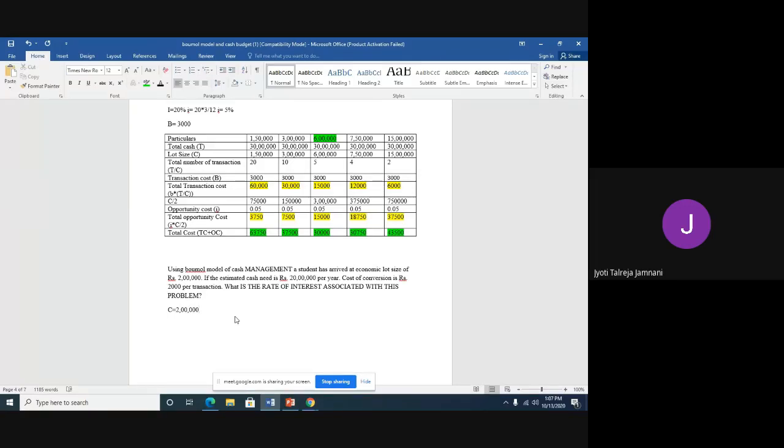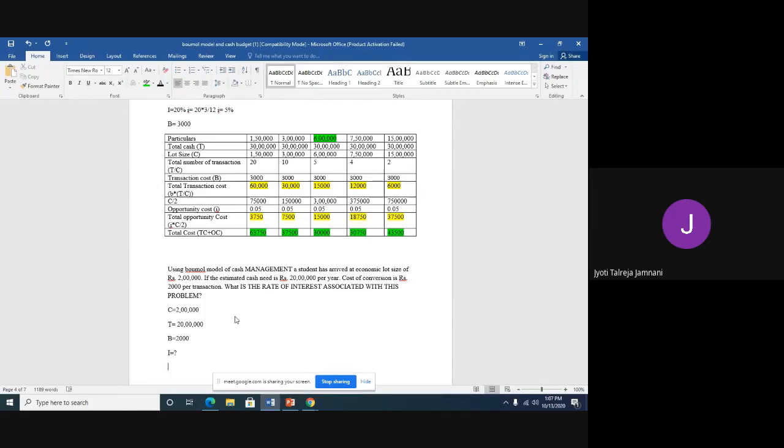If the estimated cash need is rupees 20 lakh per year. So what is this 20 lakh? T. Total cash requirement is rupees 20 lakh per year. Then the conversion cost they have given, so that is B. 2000 rupees is the conversion cost. And they are asking you to find the value of I. So I is a question mark. Now we cannot solve this problem using tabular method because we already know C and I is missing.